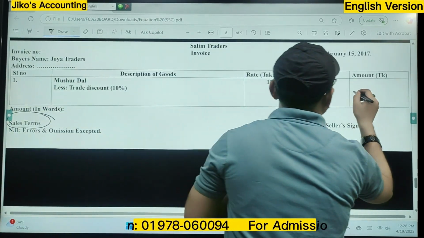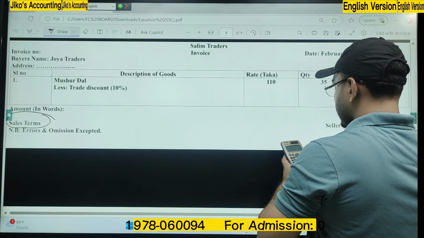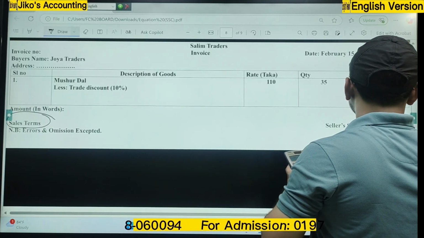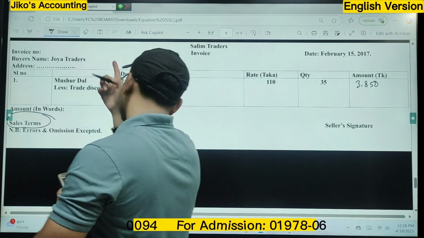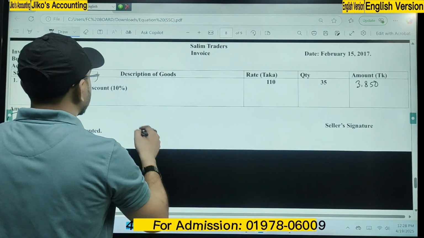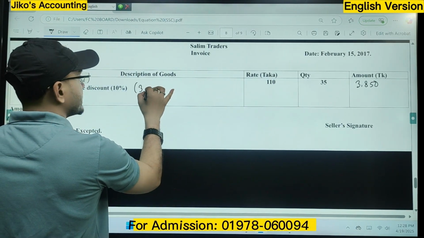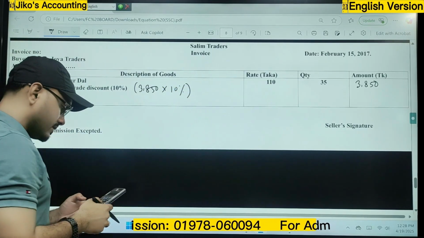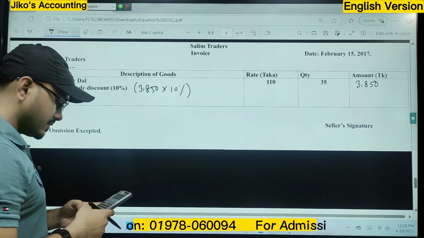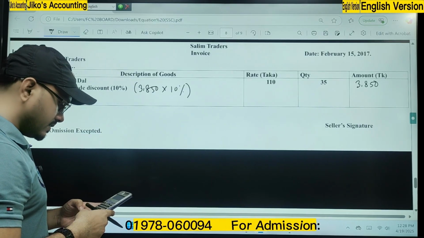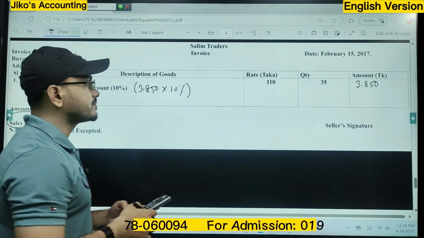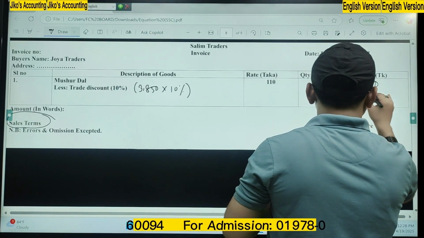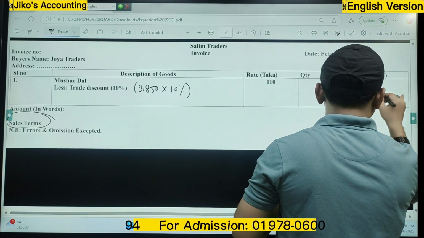Okay, sir. 3850 taka. And trade discount is also given for all the transactions. So 3850 into 10%. How about 385?